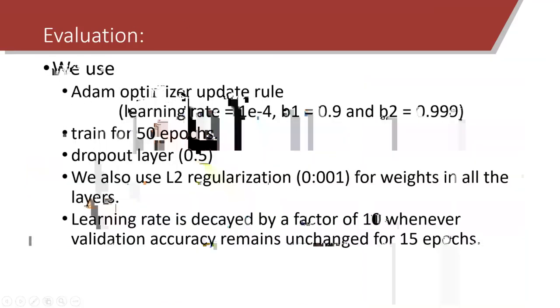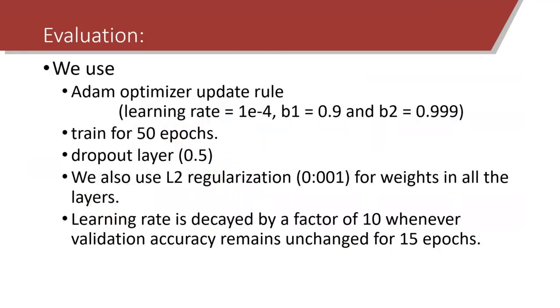We use the Adam optimizer with a very low learning rate. We train for 50 epochs. There is also a dropout layer with probability 0.5. We also use L2 regularization, and the learning rate decays by a factor of 10 whenever validation accuracy remains unchanged for 15 epochs.